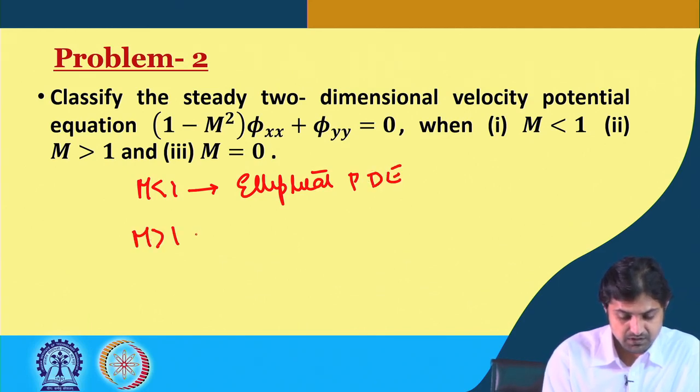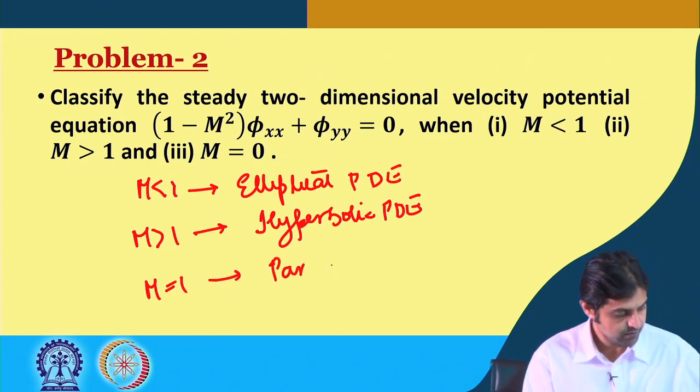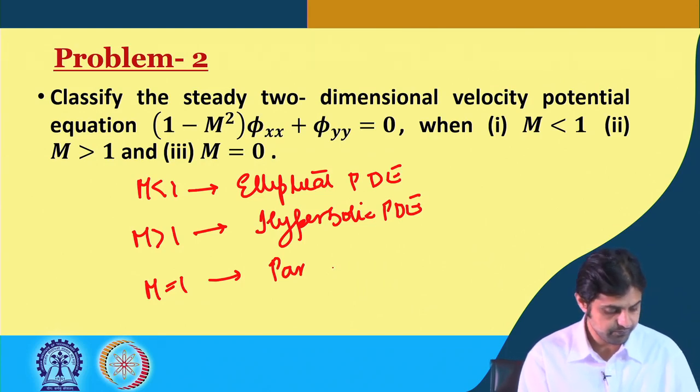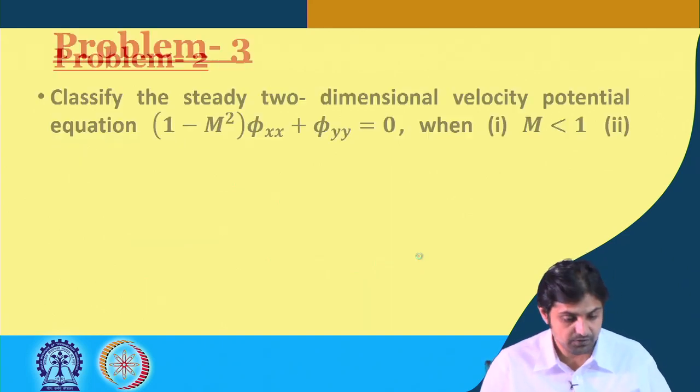M greater than 1, it was hyperbolic. And for m is equal to 1, it was parabolic PDE. Okay, so time to move onwards.